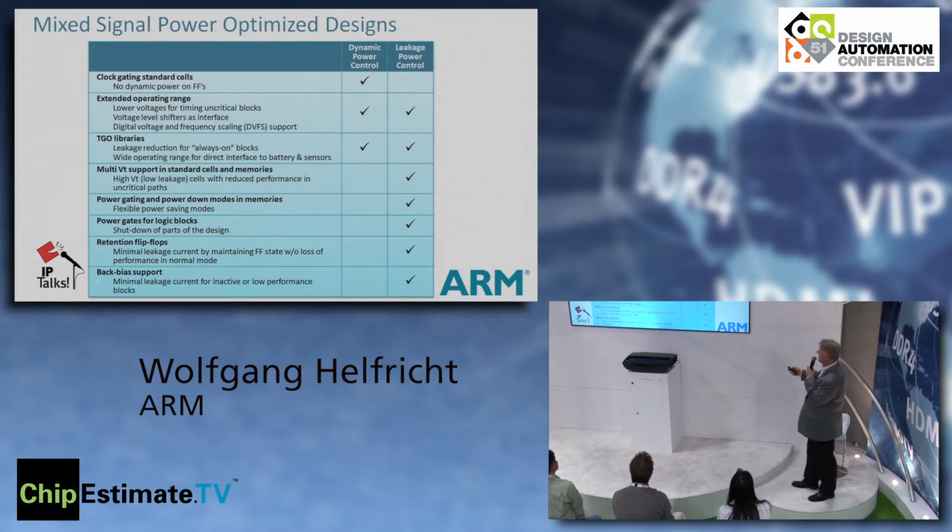So select what to choose there. There are a lot of things that are very easy, but also backbias support, which is still a good option in these older process nodes. Retention flip-flops make it a little more complicated in your design flow, but you can also save a lot of energy there.